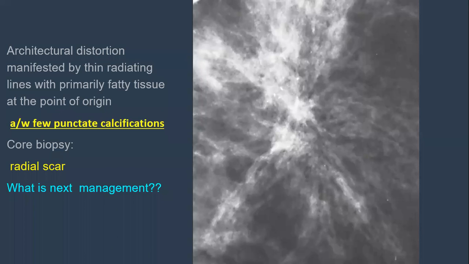Generally, after core biopsy reveals a borderline lesion, they recommend excision biopsy, excision of the lesion to look for any underlying malignancy or upgrading of the lesion. We discussed that in the introductory lectures, and inshallah, in benign breast diseases, we will give more details about this.